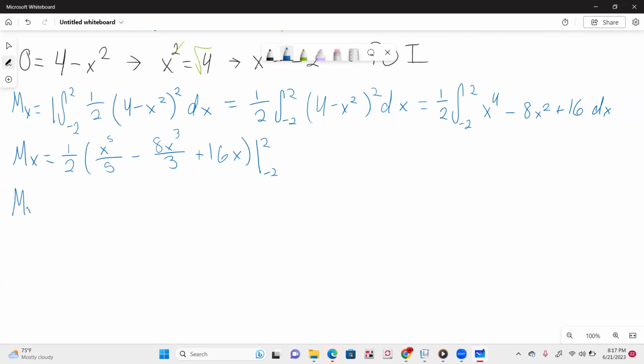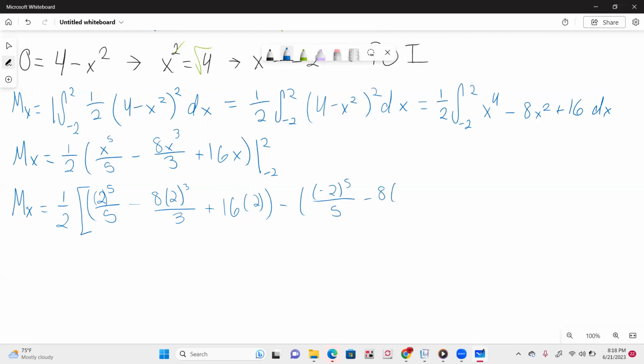So our mx is equal to half of 2 to the 5th over 5 minus 8 times 2 cubed over 3 plus 16 times 2, minus negative 2 to the 5th over 5 minus 8 times negative 2 cubed over 3, plus 16 times negative 2.